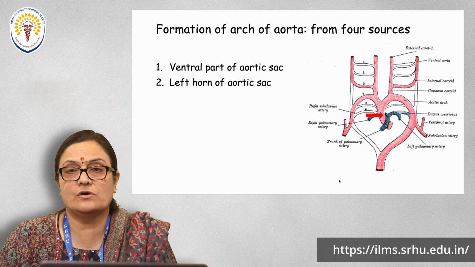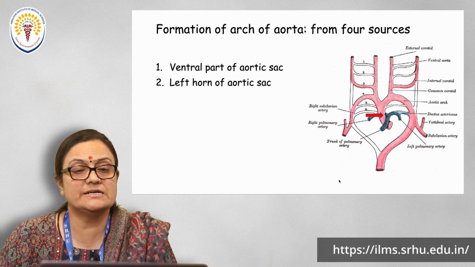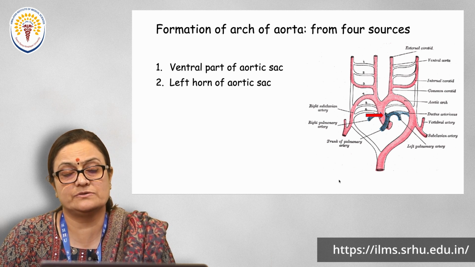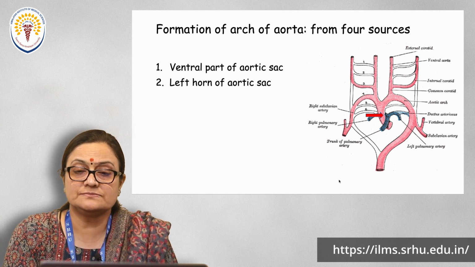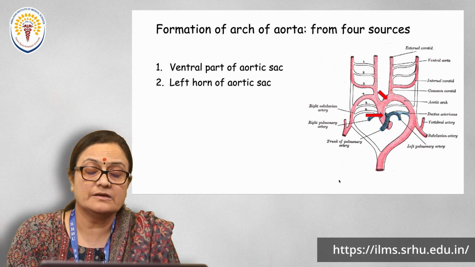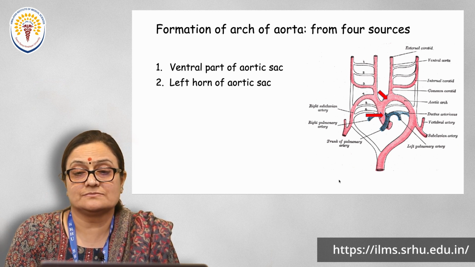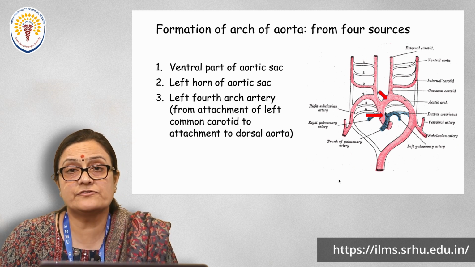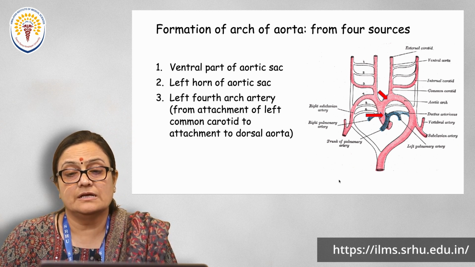Then the left horn of the aortic sac. Just now we said the left horn gets incorporated into the development of the arch of aorta. So, the second source is the left horn. Focus on the red arrows in the figure, and then you can easily understand this is the area where the left horn was lying. Moving to the third source, the left fourth arch artery. This is the main part.